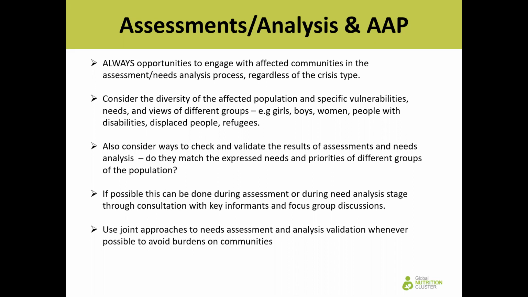We understand that because of COVID-19, primary data collection would be challenging. But in these cases, working with local organizations, such as local women's organizations or local organizations for persons with disabilities, could provide additional information that can help you interpret and analyze some of the data. Next, please.